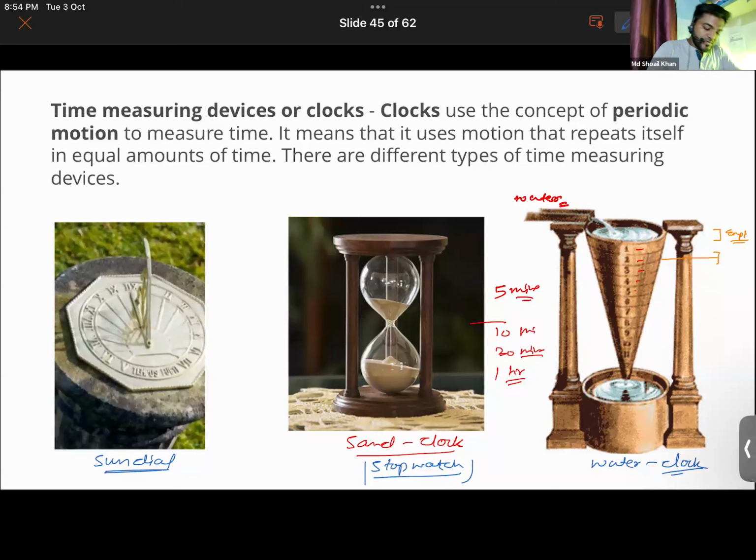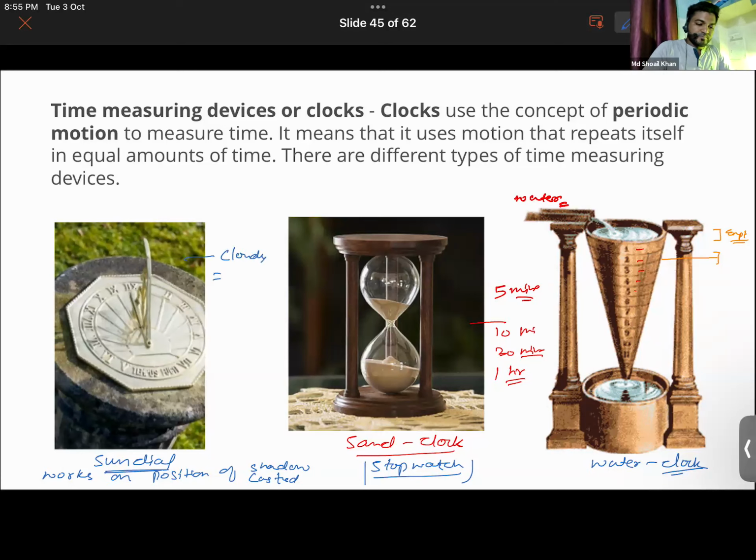If it's raining or cloudy, there will be no shadow cast on it, so how would we get to know the time, right? It worked on the position of the shadow cast by the sun, but there were limitations if the weather is cloudy.